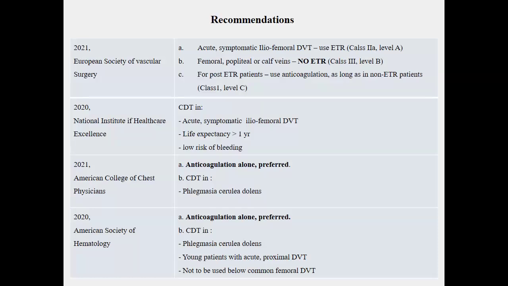However, there are important recommendations like the 2021 American College of Chest Physicians and 2020 American Society of Hematology. They basically relied on systemic anticoagulation or medical management of deep vein thrombosis. They reserved catheter-directed therapy for those subsets of patients with phlegmasia cerulea dolens and in young patients with acute proximal deep vein thrombosis.